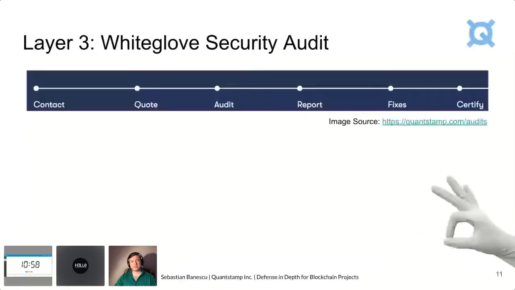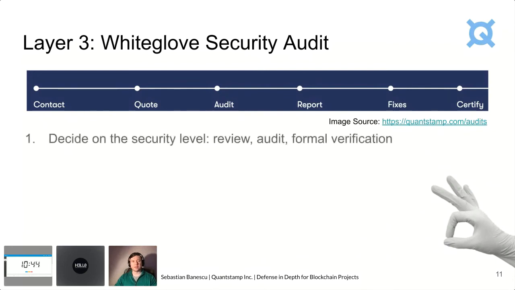Moving on to the next layer, the white glove security audit. This image is taken from our website, and it shows our current process. I'm going to walk through all the suggestions for each step. So the first thing you have to decide is the level of your white glove security audit.